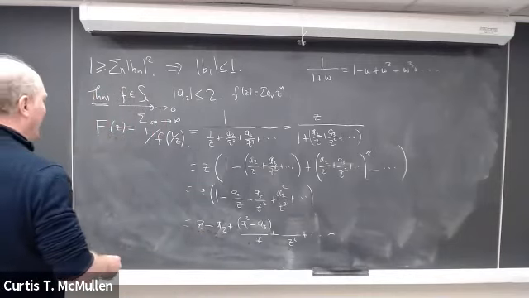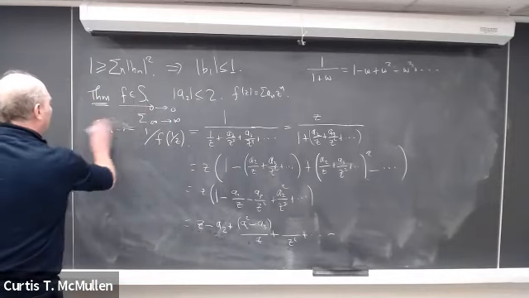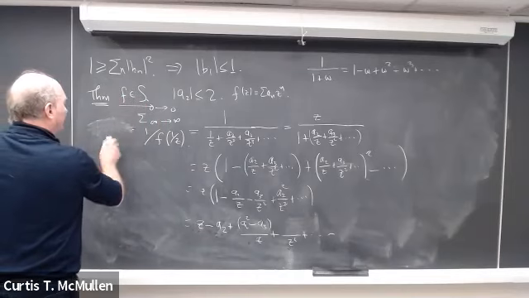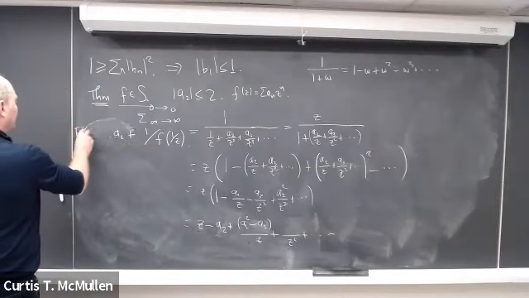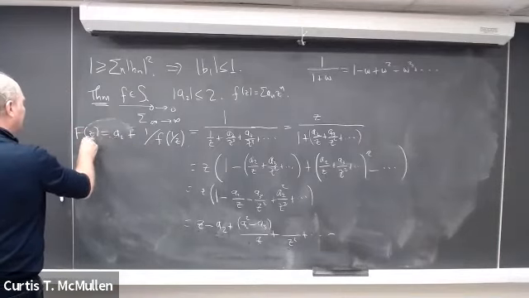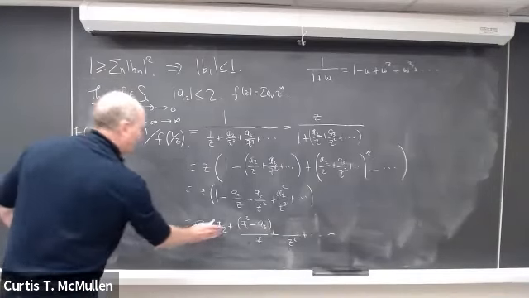Okay, well, in any case, let's just add that in. So if we take a2 plus 1 over f of 1 over z, this function is in sigma. And that'll get rid of this term.